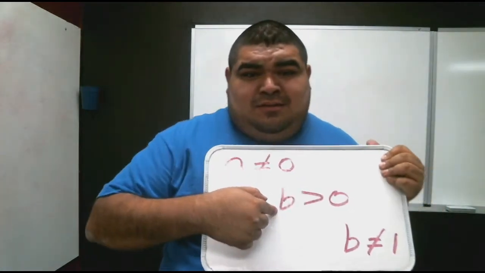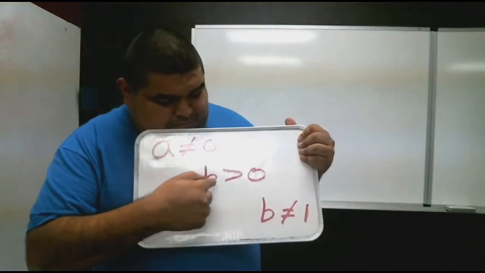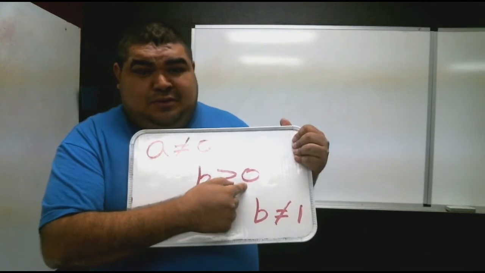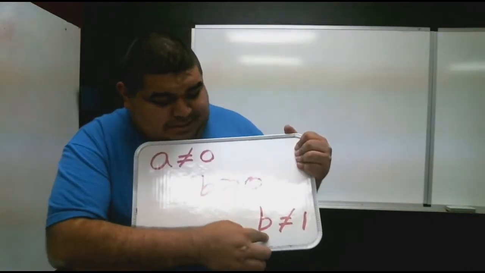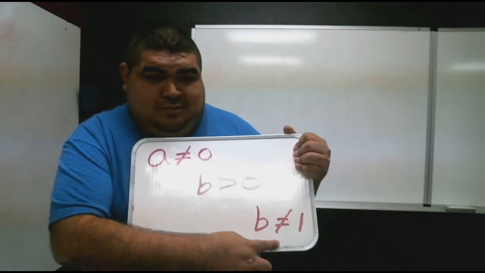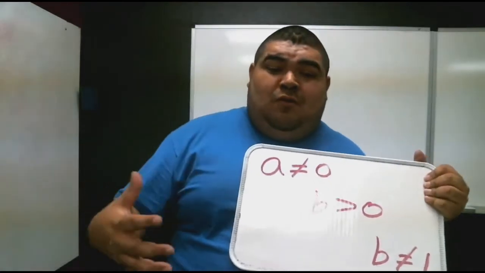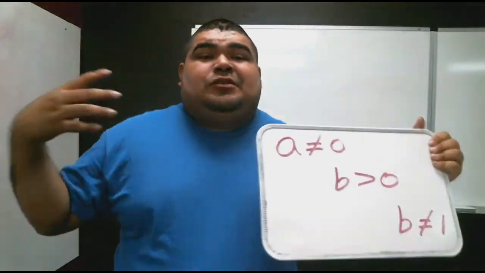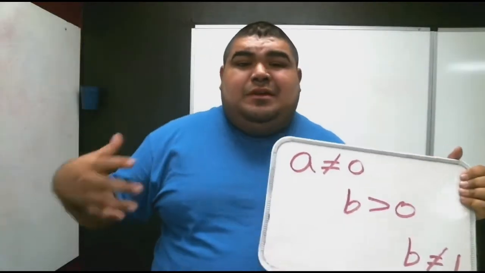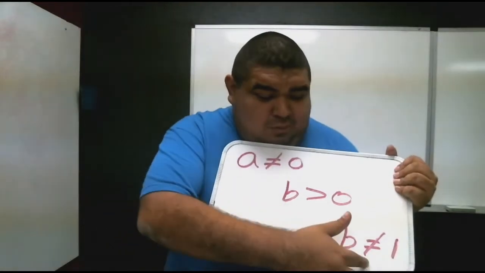B has to be bigger than 0, but b cannot be 1. So it has to be everything over 1. It can be 3, it can be 2, it can be 5, it can be 1.5, because it's bigger than 1.